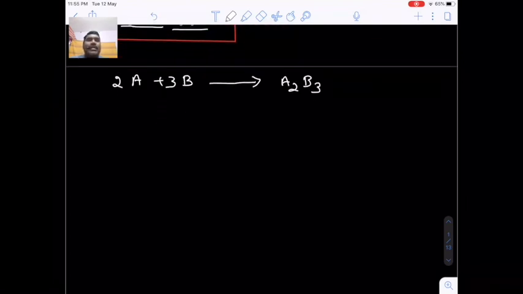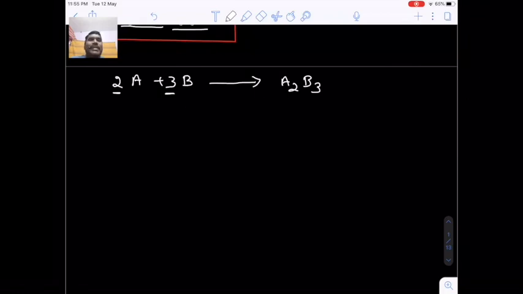Now the 2 and 3 are called stoichiometric coefficients. These stoichiometric coefficients correspond to the exact number of moles of the reactants required for the given chemical reaction. So A requires 2 moles, B requires 3 moles.